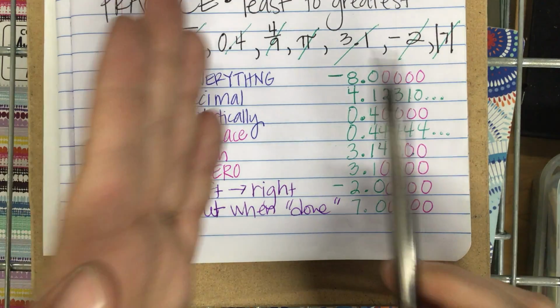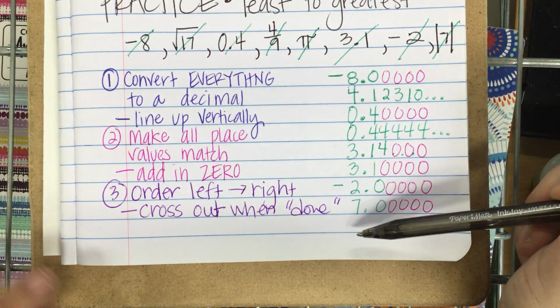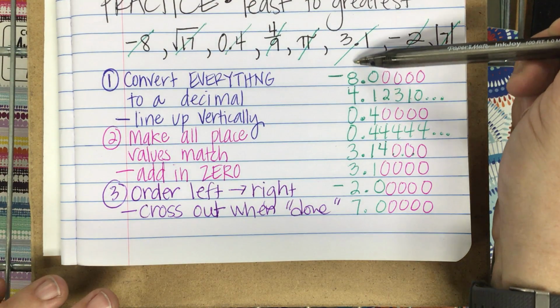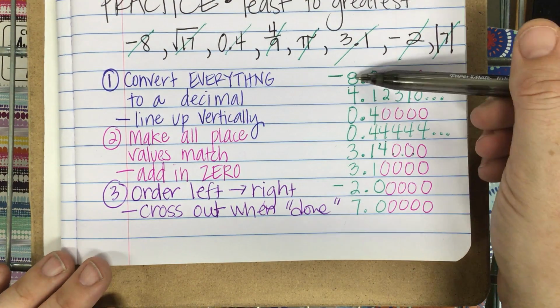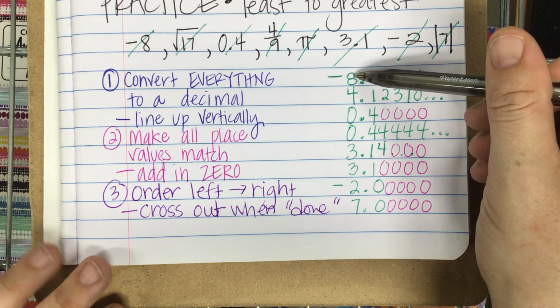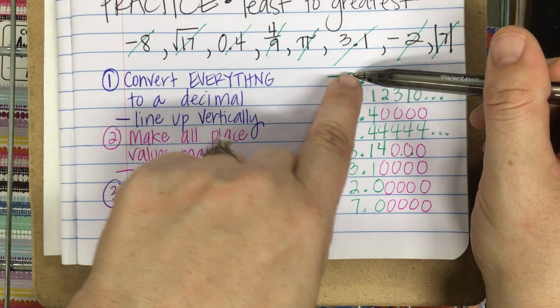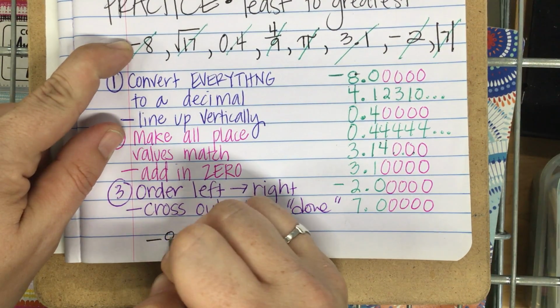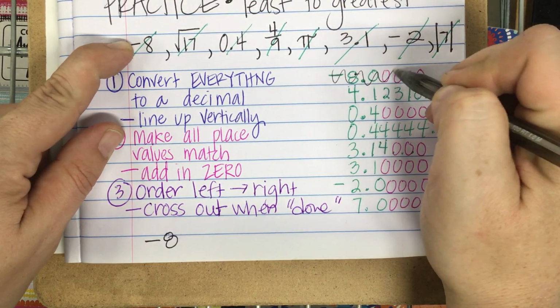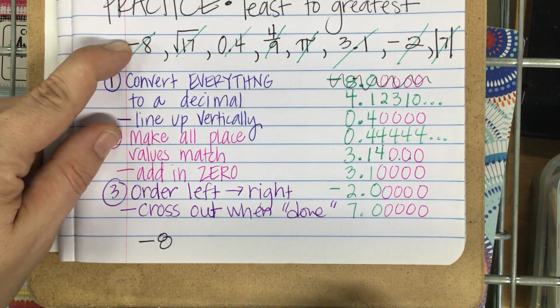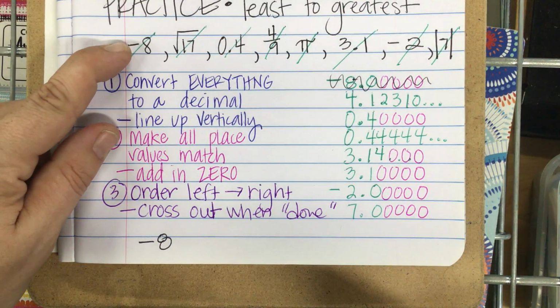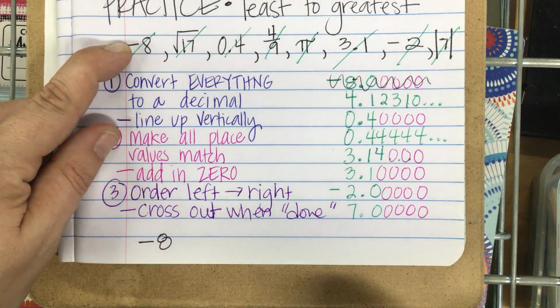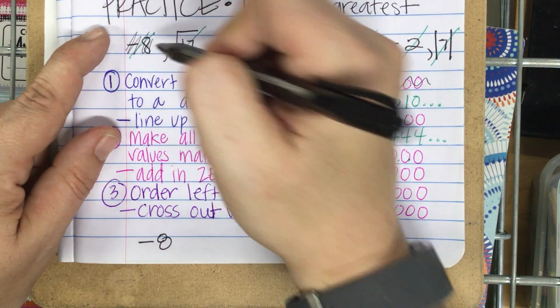I'm going to start on my left because I lined them all up. What's my smallest number on my left? Negative 8. Is there anything smaller than that? No. So that is my smallest number. I'm going to look back here, and that was -8, right? Don't black it out because you still want to be able to see it, because these are your notes. Does that make sense? So I did -8.